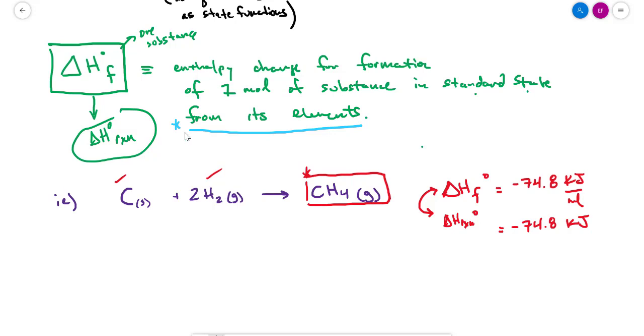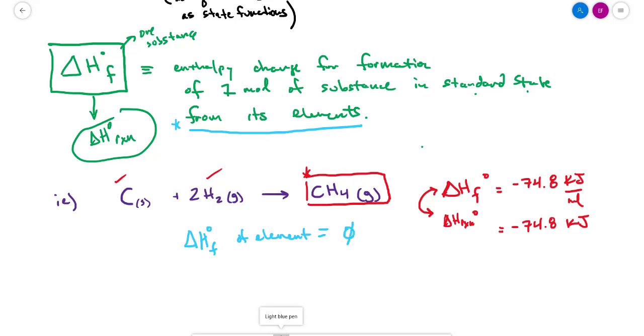The reason this convention works here is because arbitrarily we just assigned, as chemists and scientists 100 years plus ago, that the delta H of formation of an element is 0.